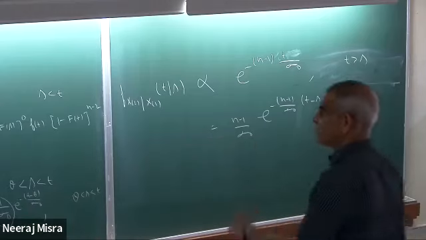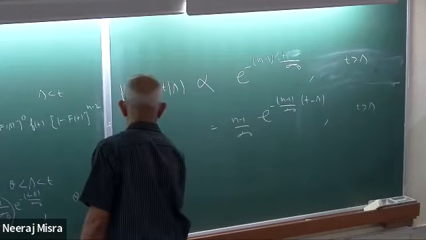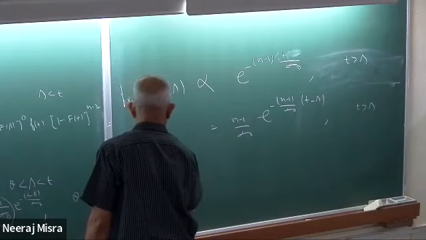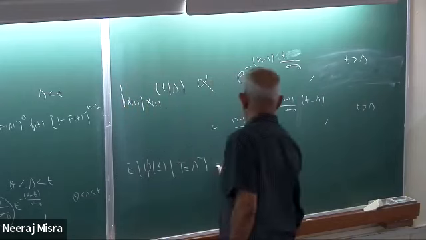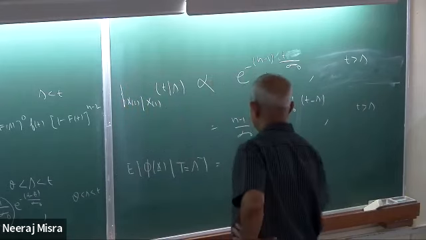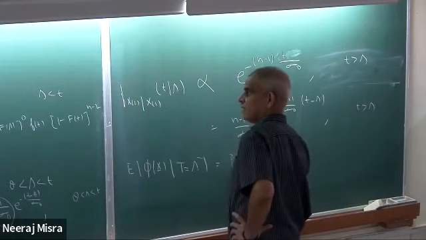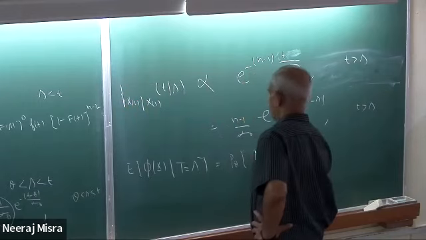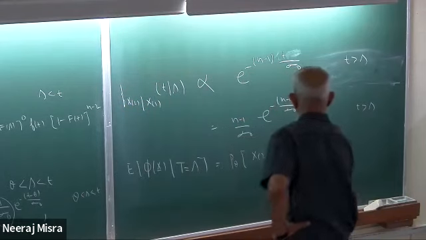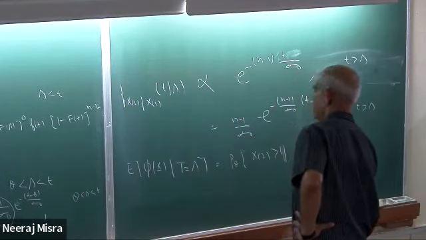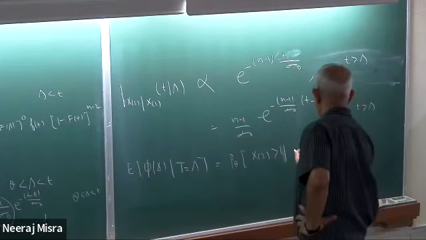So the expected value of phi of x given t equal to s is nothing but the probability that x2 is greater than 1 given that x1 is equal to s.